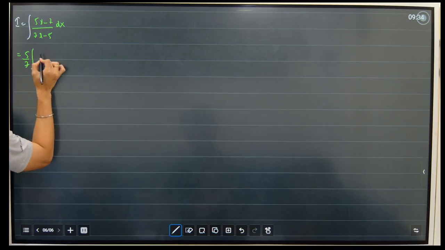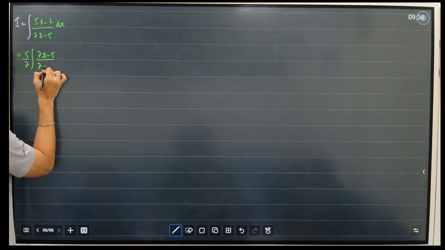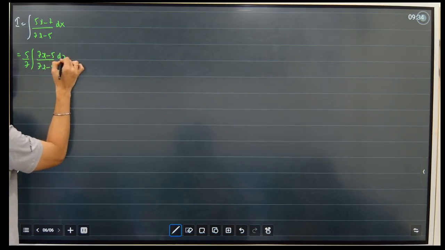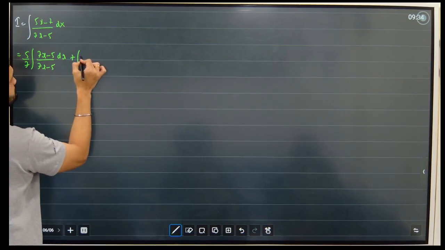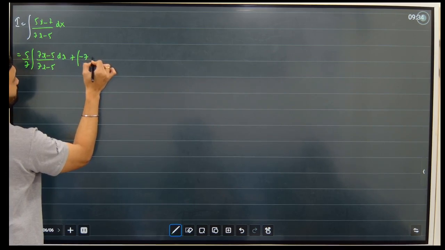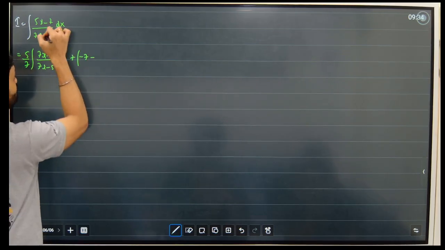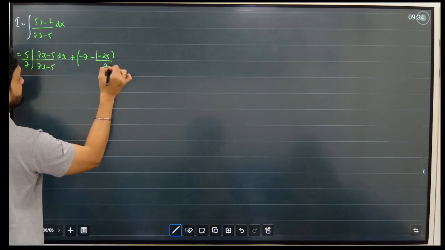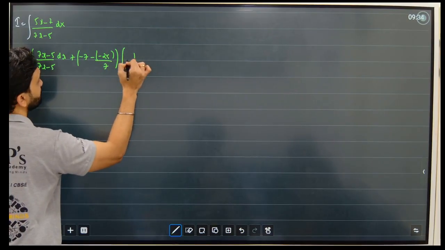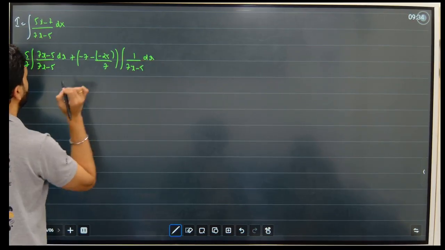Now this will become 5 by 7 integration (7x minus 5) upon (7x minus 5) dx plus, what will come? Minus 7 minus 5 into minus 5 is what? Minus 25 upon 7. Very good. Integration 1 upon 7x minus 5 dx. Lovely.